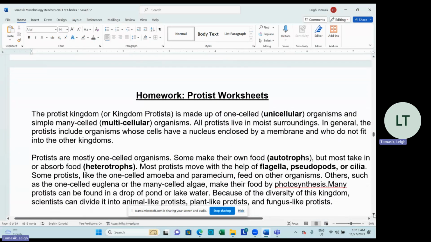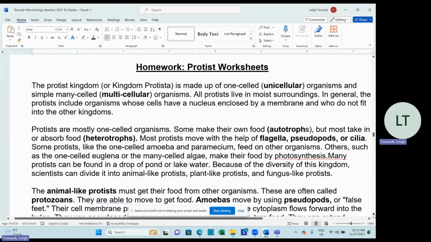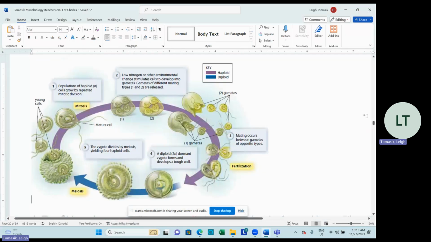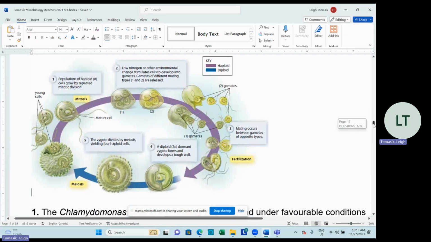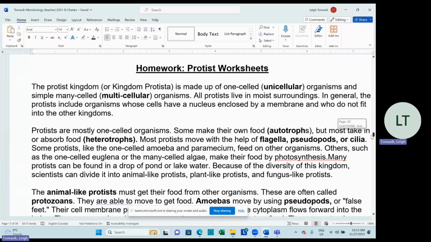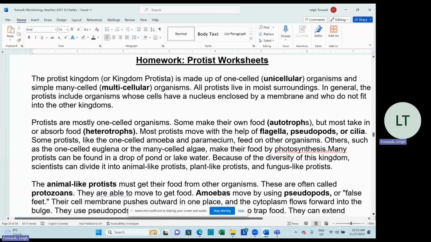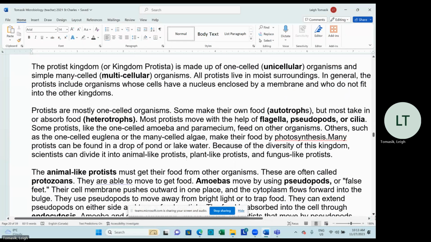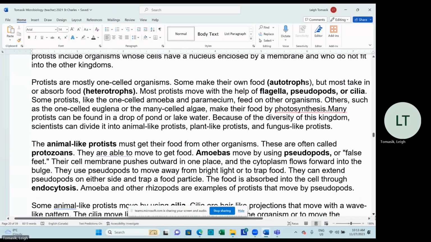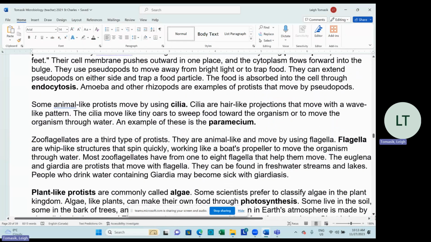Okay, here's where the homework comes in. So you're going to have some worksheets where you're going to do a little bit of reading about protists, right? Because you're probably tired of hearing my voice. And all of the important words are bolded for you. Okay. So you're going to read about this.